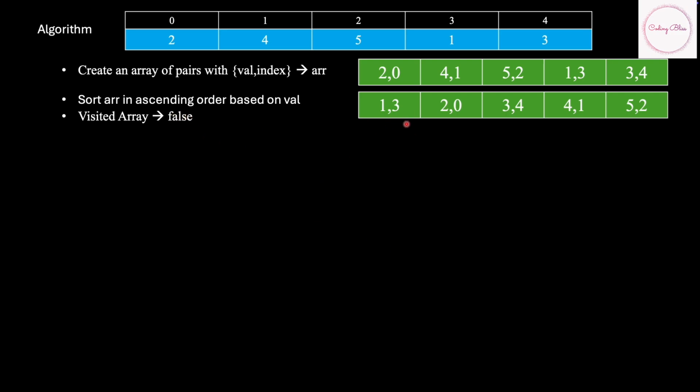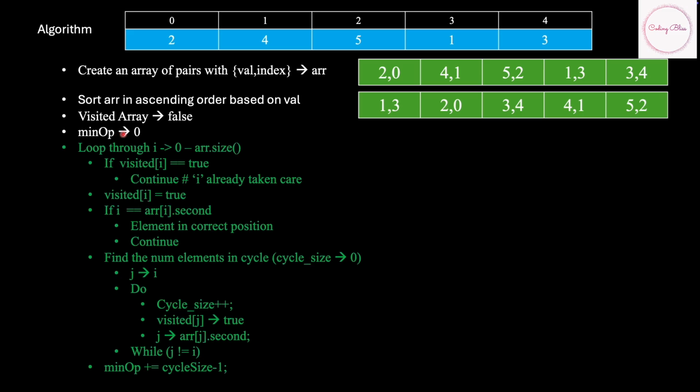So you have a visited array of the same size and initially all the values are false, because we haven't visited any nodes here. Let this be the final variable that we have to return, with the count of the minimum number of operations needed to make this array sorted. Now this is the core portion of our code.